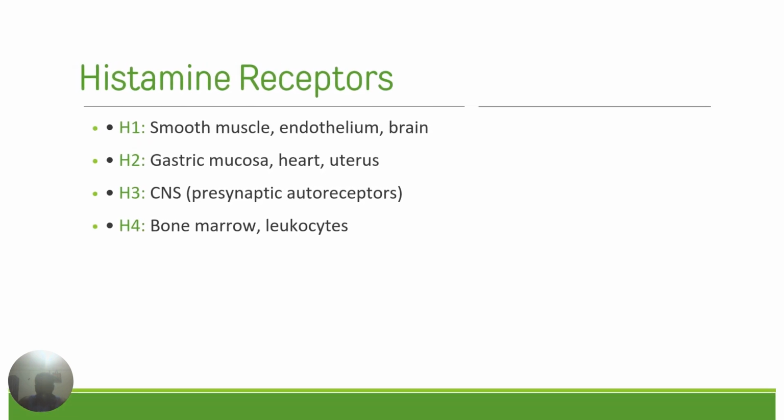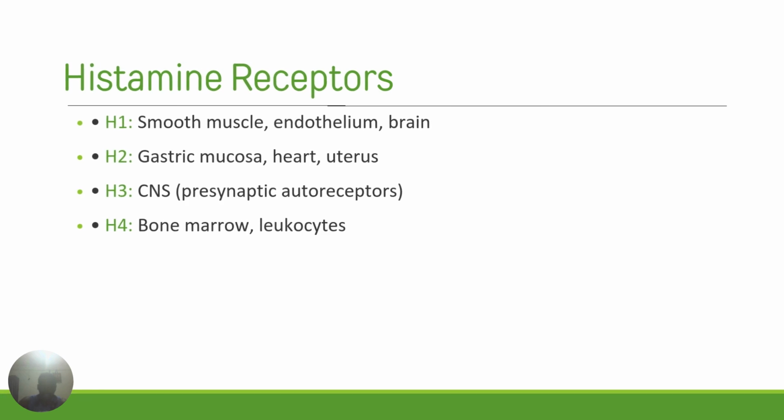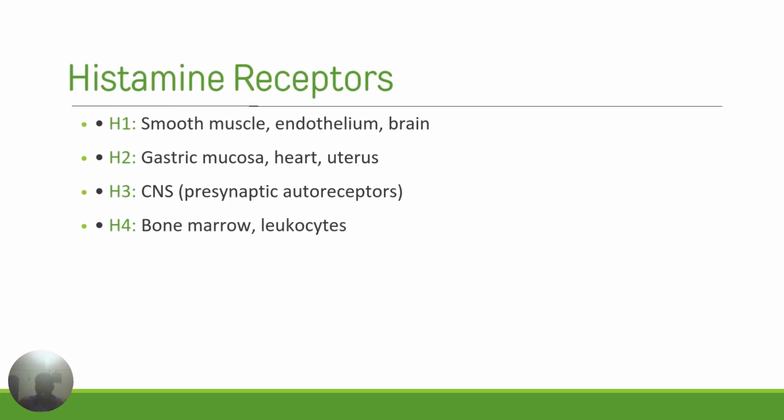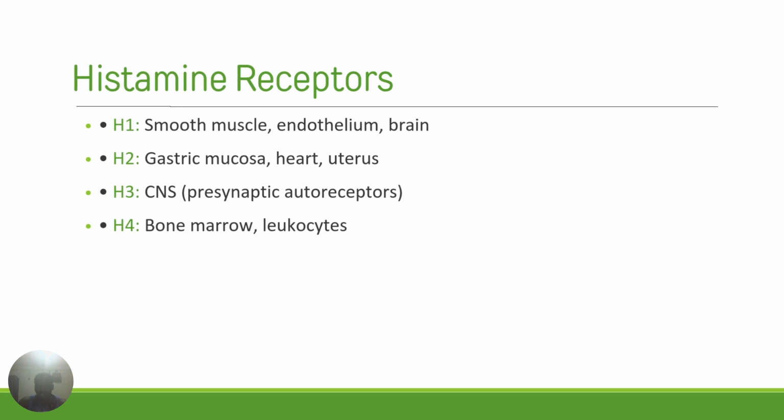We will look at the histamine receptors, very important. We have four major categories of histamine receptors: H1, H2, H3, and H4. Histamine receptor 1 is found in smooth muscles, endothelium, and brain.